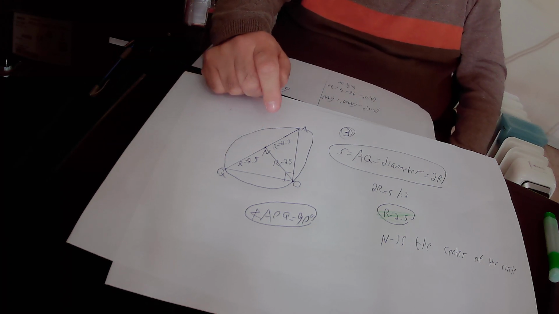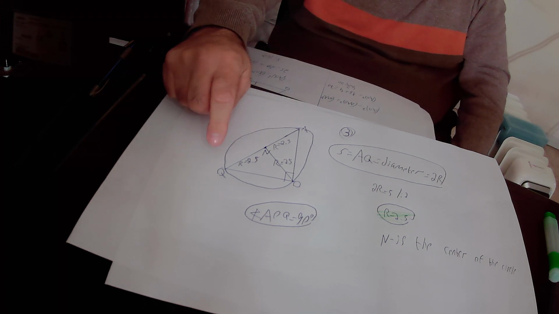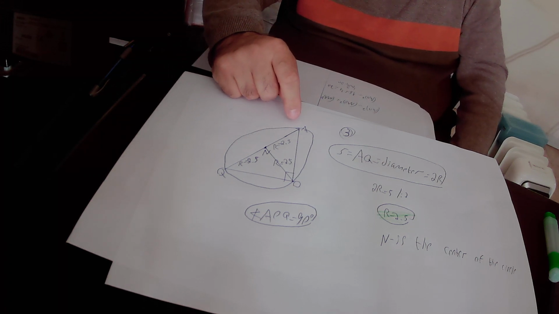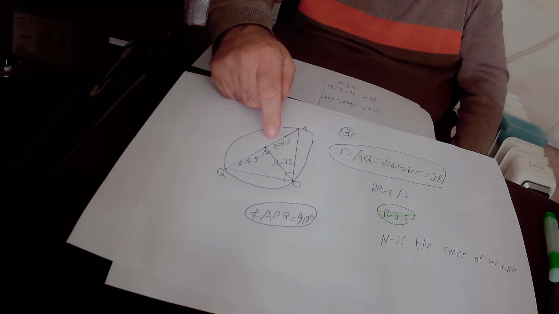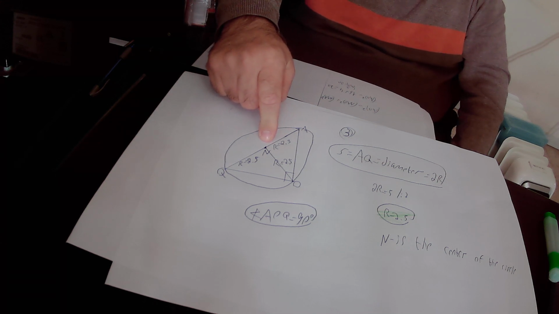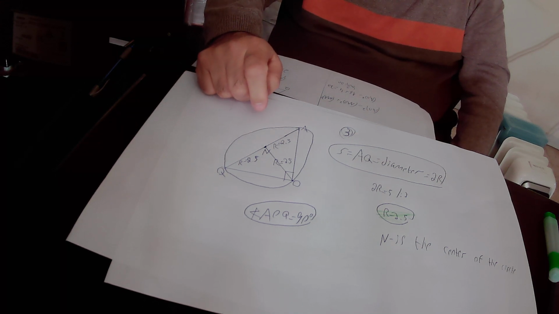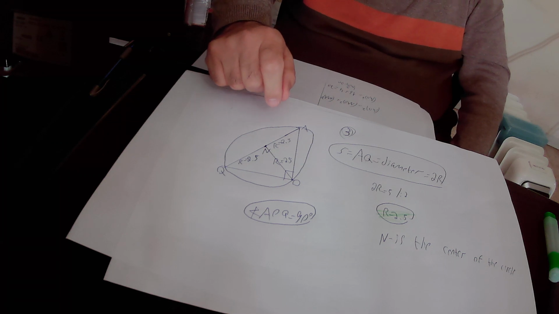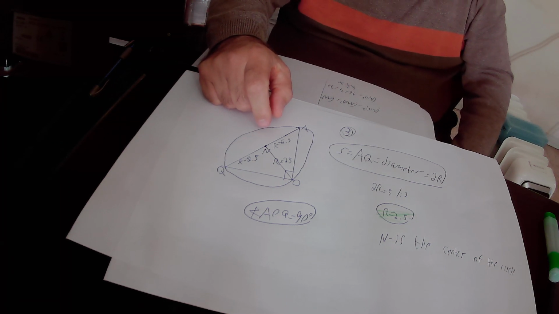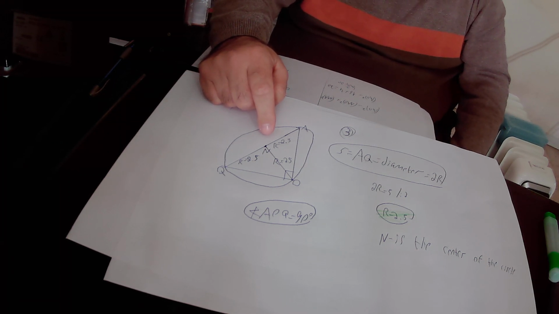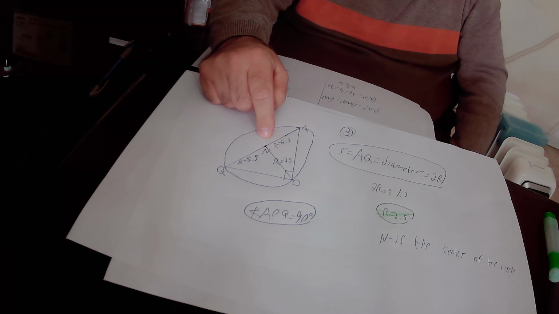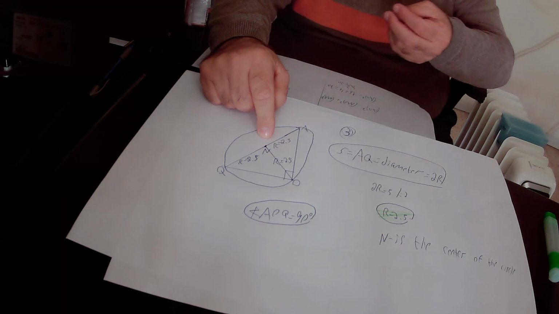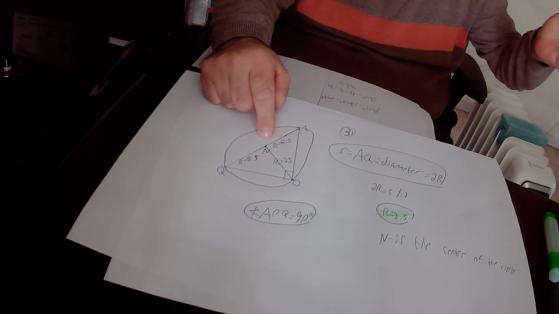Okay, so we have the diameter AQ. On the diameter AQ, we have the radius AN and the radius NQ. We have the two radii on the diameter of the circle AQ. The touching point between the two radii occurs at point N. The touching point between the two radii must be the center of the circle.